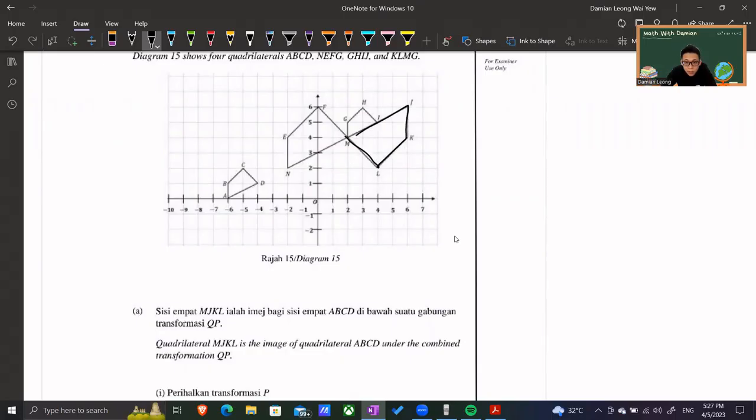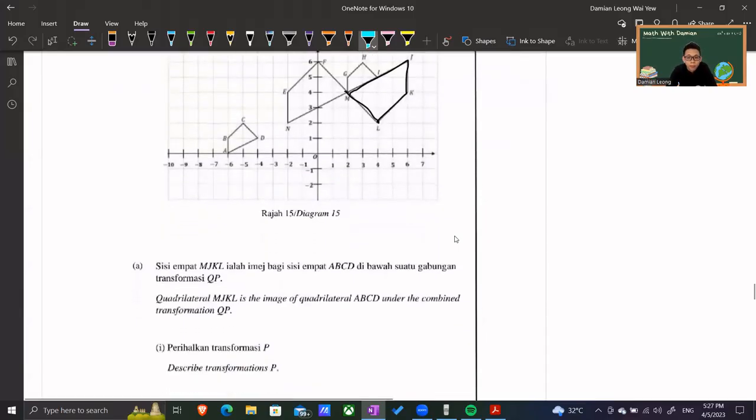MJKL is this one, the image of ABCD, this one, under combined transformation. So we can go from this to this, then to this. Yeah, it makes the most sense. So EFMN will be the one in between.